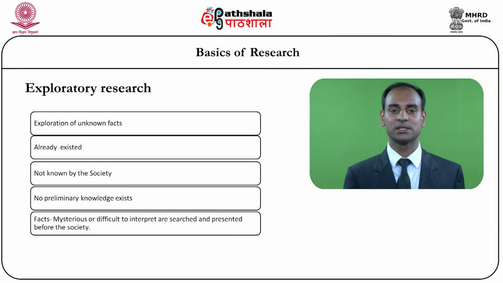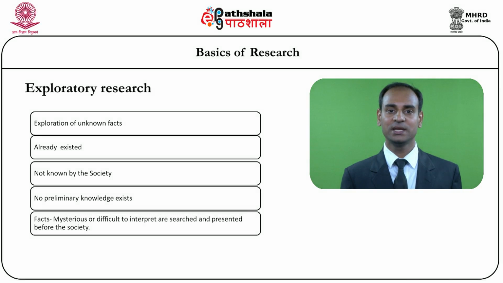In this research, no preliminary data exists to assist the researcher or guide him to proceed with his objective. Mysterious facts, those which are difficult to explain, are searched, interpreted and shown before the society by this exploration method.